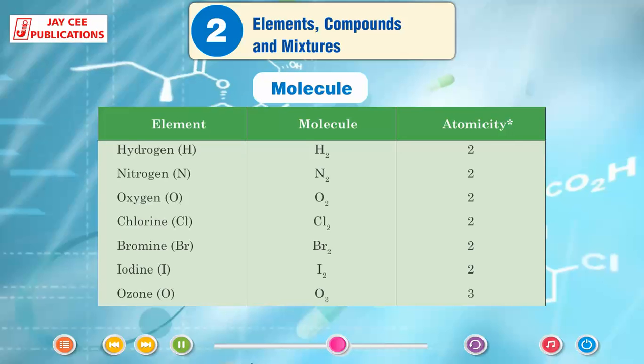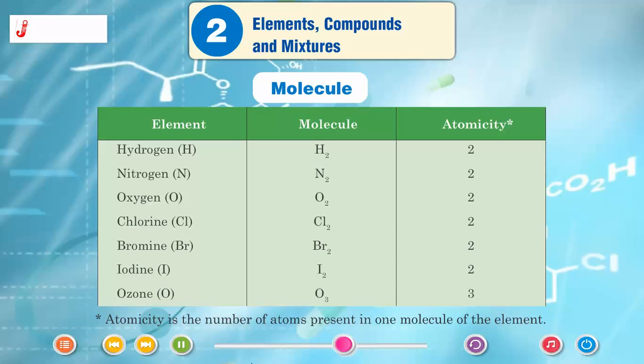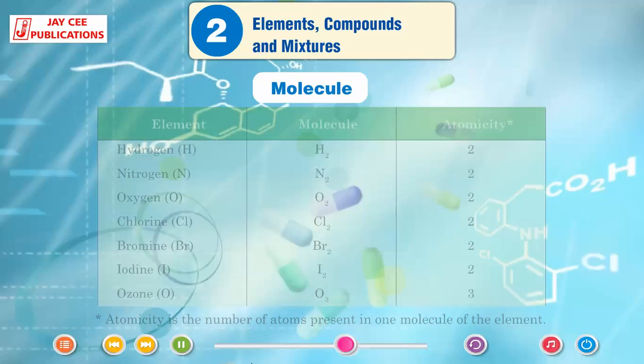Chlorine Cl, Cl2, 2. Bromine Br, Br2, 2. Iodine I, I2, 2. Ozone O, O3, 3. Atomicity is the number of atoms present in one molecule of the element.